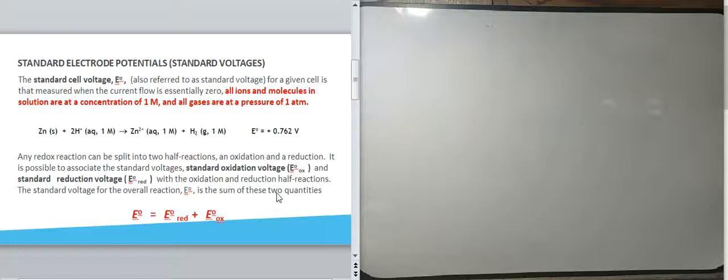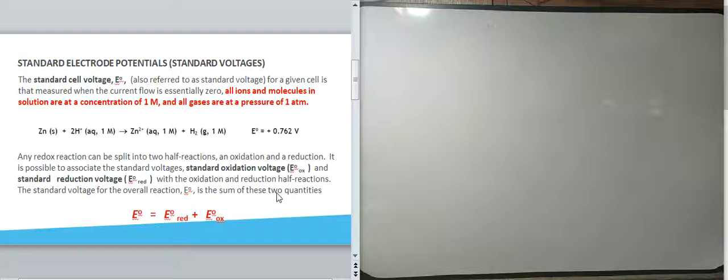So we should take note of it. When we say standard cell voltage, all ions and molecules should be at a concentration of 1 molar and all gases at a pressure of 1 atmosphere. If the concentration is not 1 molar, there will be another topic for that, and we will use another equation.